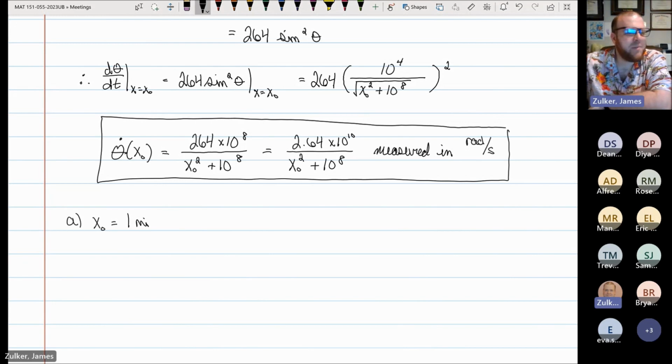So first up, we wanted 1 mile away, so x naught is a mile. We need that in feet. All right, so 5280 feet.